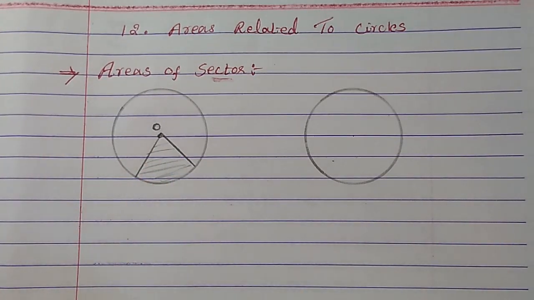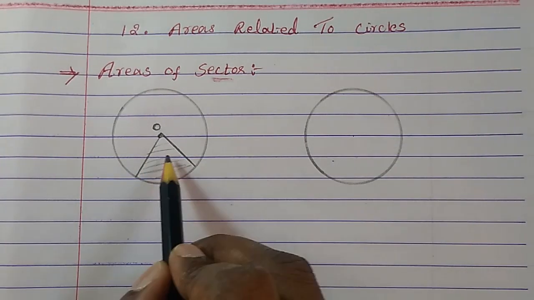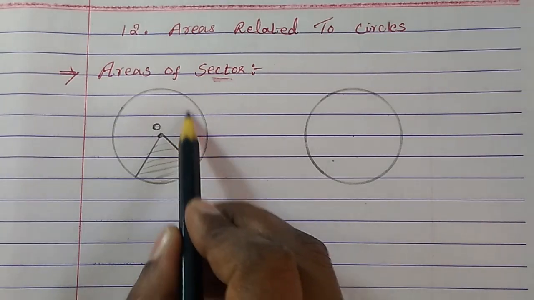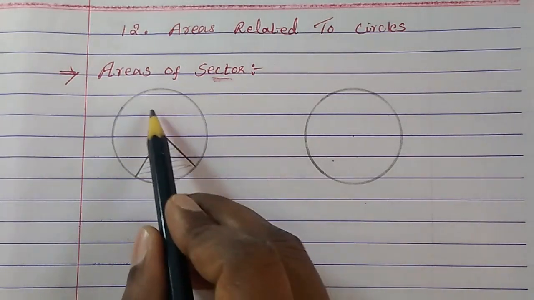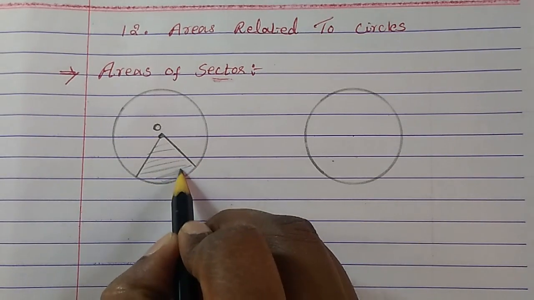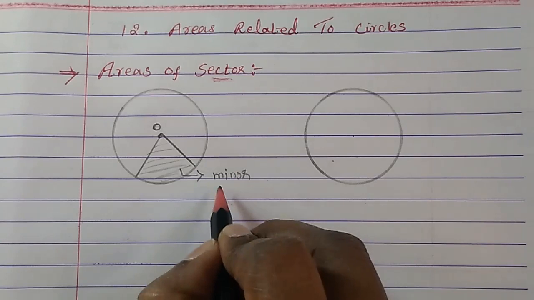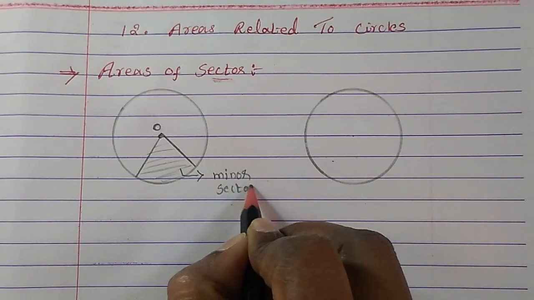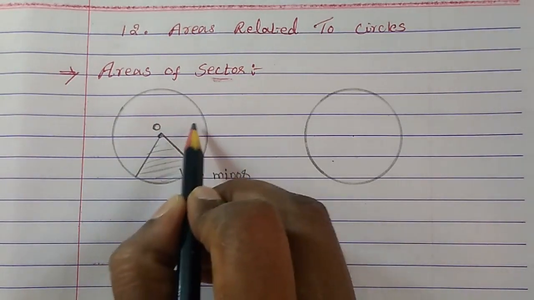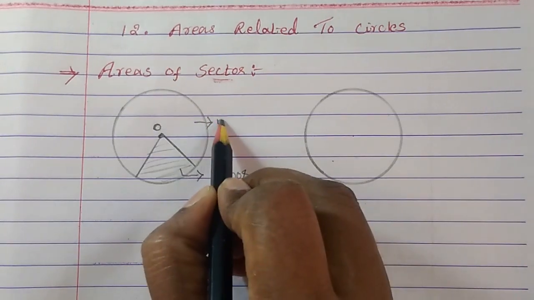we call it sector. Okay, so this is a small part of the circle and this is a bigger part of the circle. So there are two parts. This we call minor sector and this part we call major.